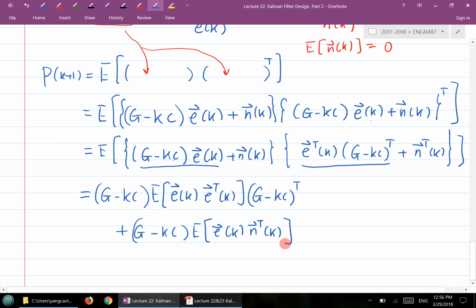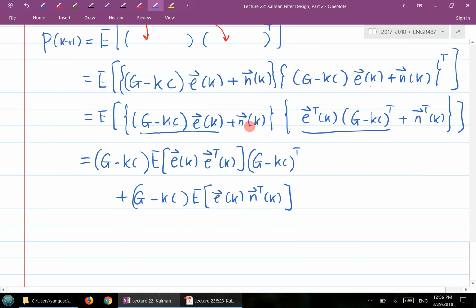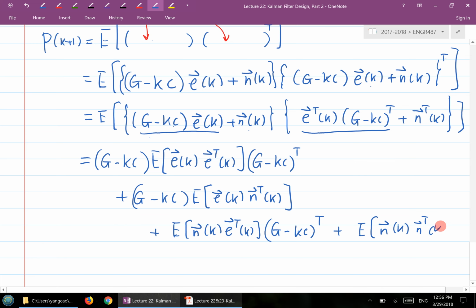And then there will be a couple more terms: this term multiplied by that, so plus the expected value of N multiplied by E transpose, taking out the (G minus KC) transpose. And the last one, N multiplied by N transpose. Okay, that's the full result of that expansion.